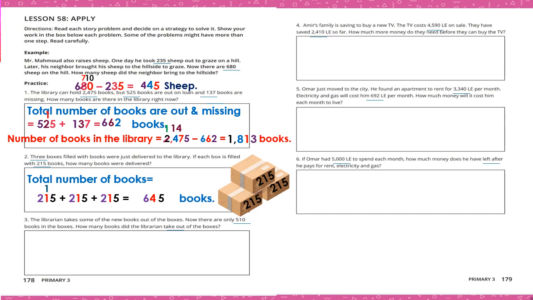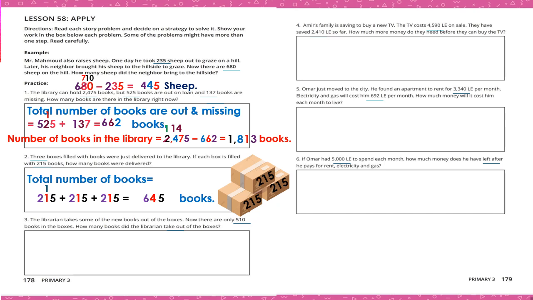In number 2, we got the total number of books equals 645. And the librarian takes away some of the books. And the remainder of books in the boxes is 510. How many books did the librarian take out of the boxes?